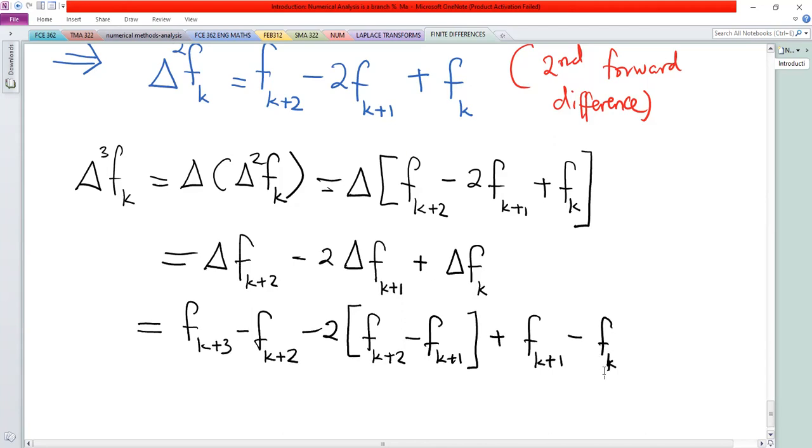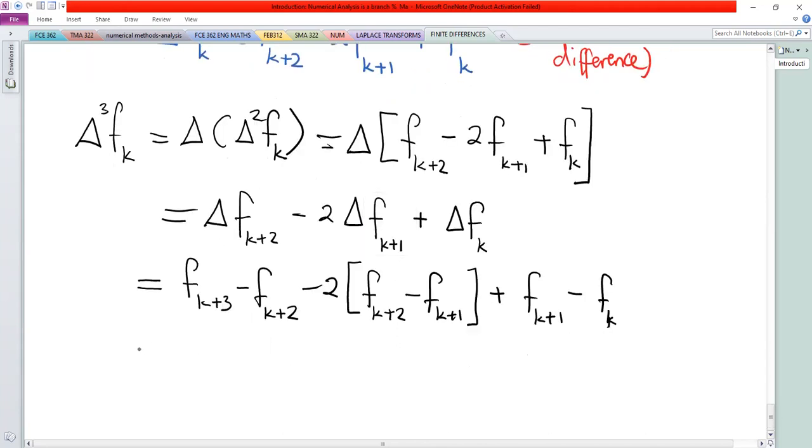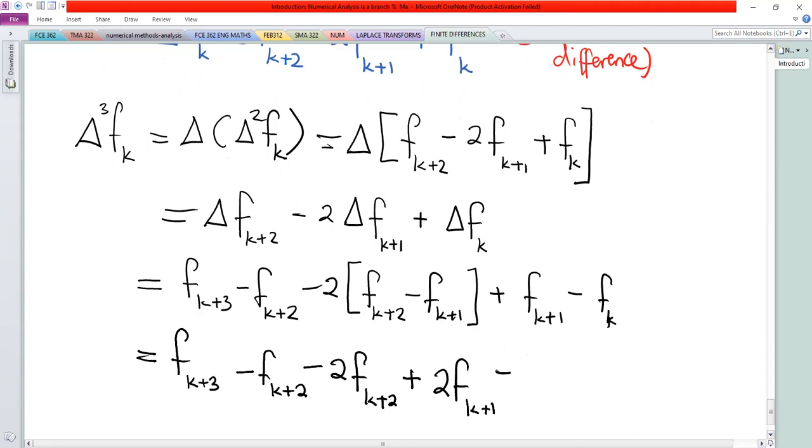So the next result will be Fk plus 3 minus Fk plus 2 minus 2 Fk plus 2, minus minus is plus 2 Fk plus 1, and then plus Fk plus 1 minus Fk.